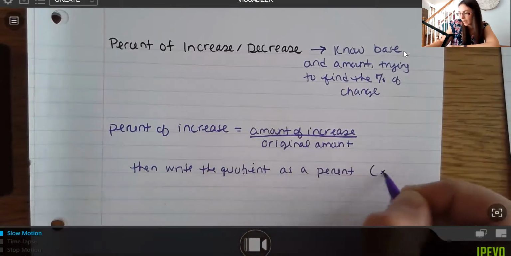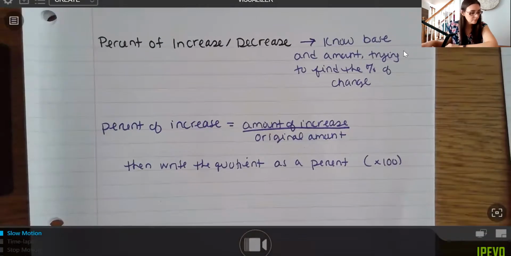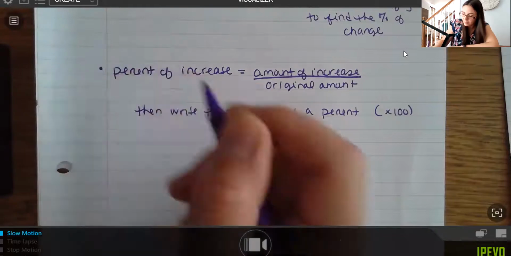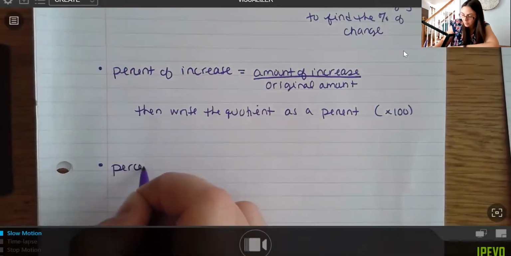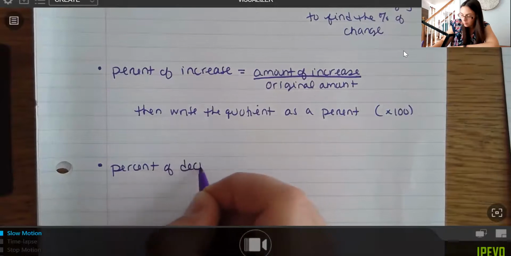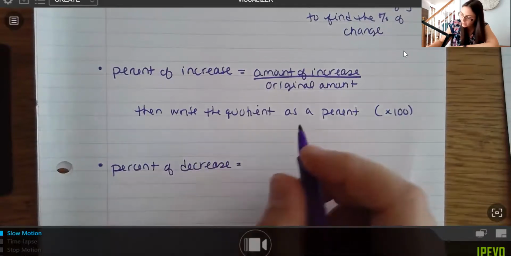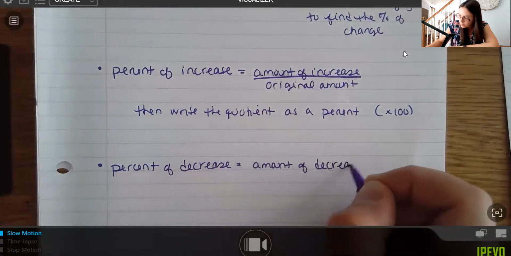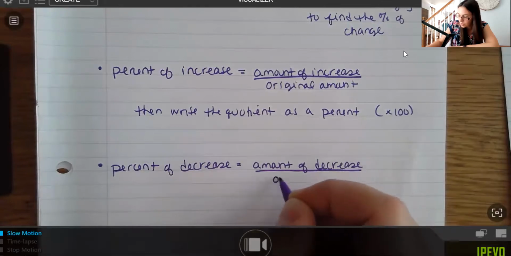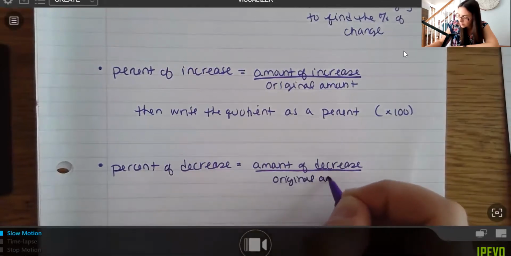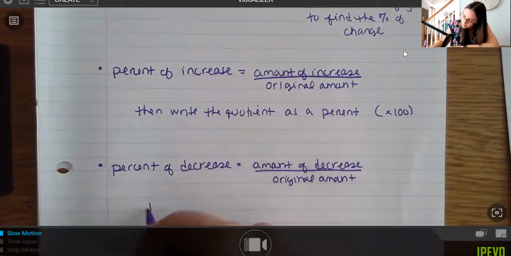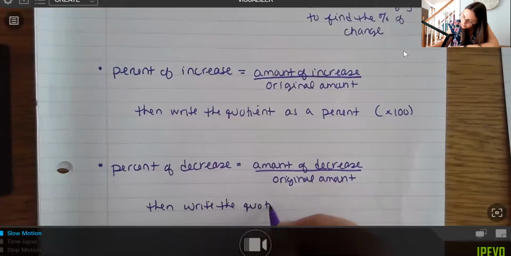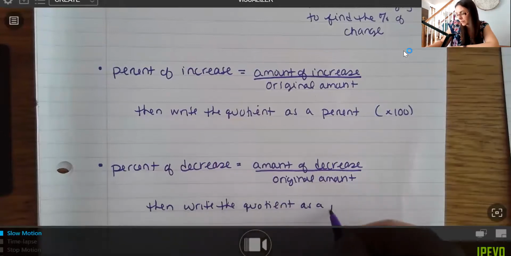So remember, multiply by 100. If you're trying to find the percent of decrease, it's going to be the same thing. You look at the amount of decrease and you divide it by the original amount. Then write the quotient as a percent.